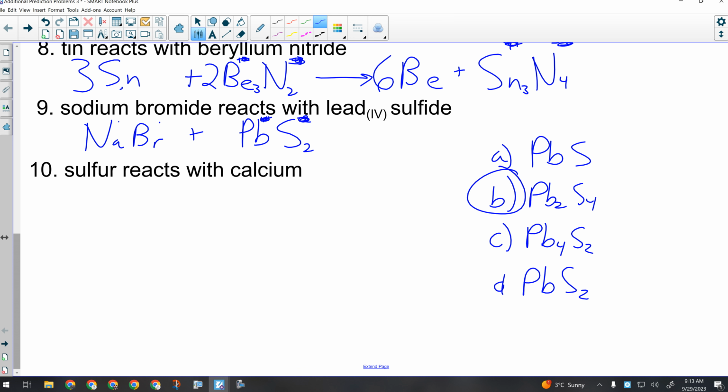They know how to drop and swap, they do the drop and swap and they forget to reduce. This one gets people who don't know how to drop and swap. This one gets people who don't know ionic compounds from molecular compounds. And that's the right answer. Most people get that one. Let it be you on the test.